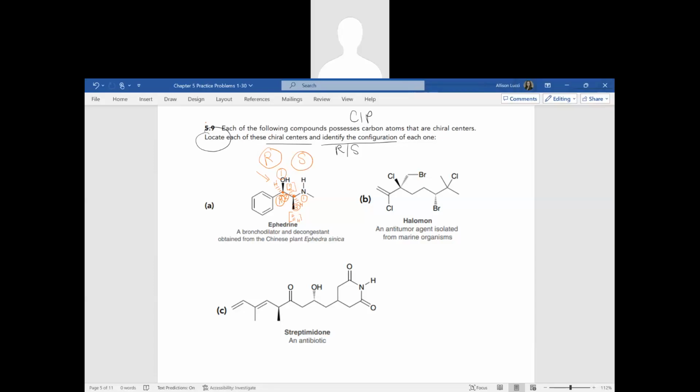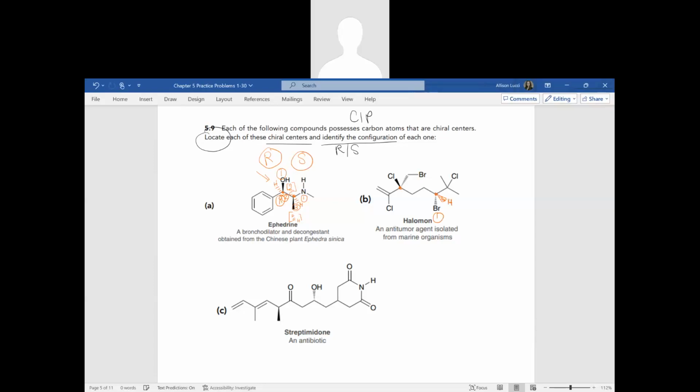All right, so we'll do the same here with this second compound, halomon. And we also see 2 chiral centers here. So I'll start with the one on the right here. That bromine is the heaviest, so that would be our first priority. We also have a hydrogen here, but this time this hydrogen's on a wedge.